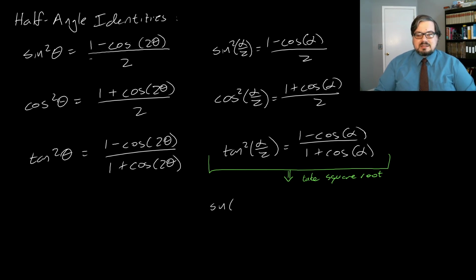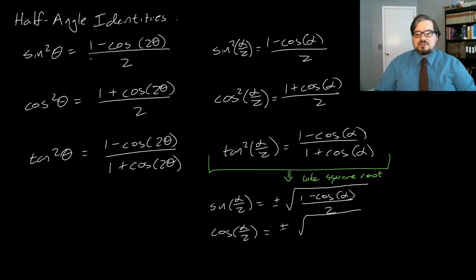So we get that sine of alpha over 2 is equal to, if we take the square root of both sides, plus or minus the square root of 1 minus cosine of alpha over 2. Cosine of alpha over 2 is equal to plus or minus the square root of 1 plus cosine of alpha over 2.